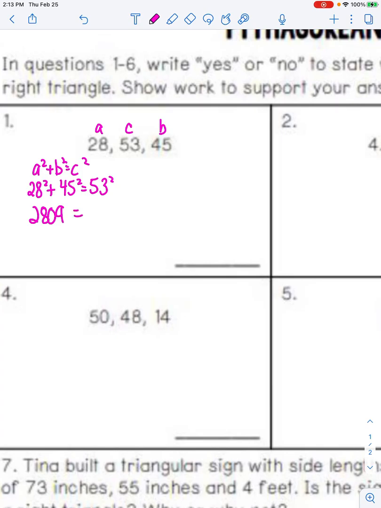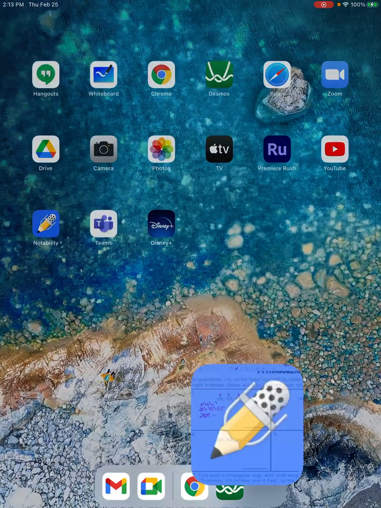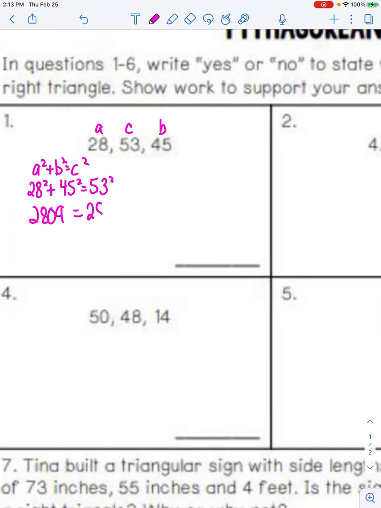And let's see what 53 squared is. 53 squared gives you 2,809. Since those are both the same, you should have answered yes. That forms a right triangle.